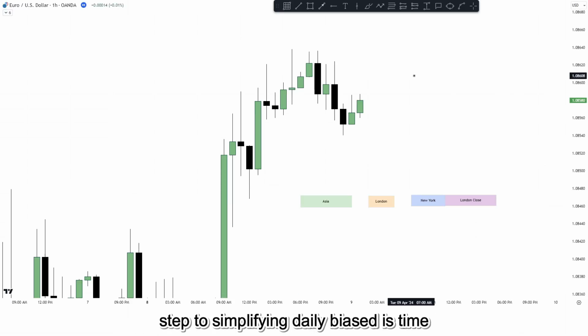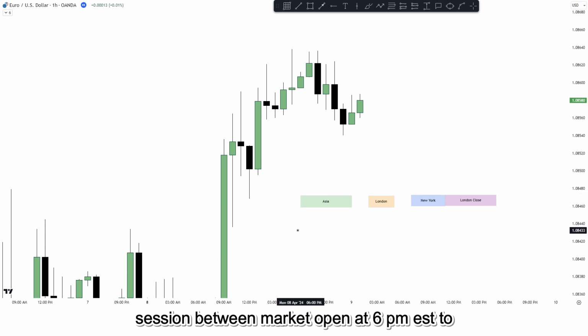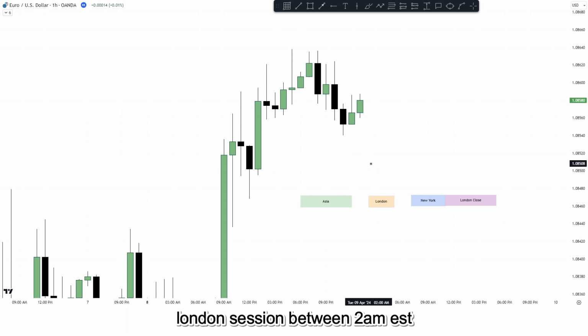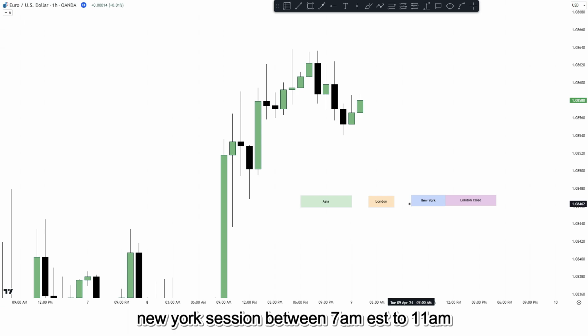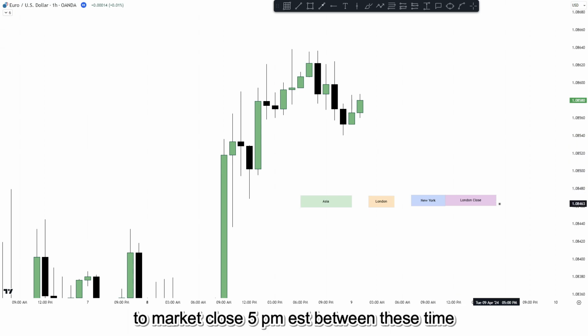First step to simplifying daily bias is time. And the first rule of time is our sessions or our kill zones, which are the Asia session between market open at 6 p.m. EST to 12 a.m. EST, London session between 2 a.m. EST to 5 a.m. EST, New York session between 7 a.m. EST to 11 a.m. EST, and last but not least, London close between 11 a.m. EST to market close at 5 p.m. EST.